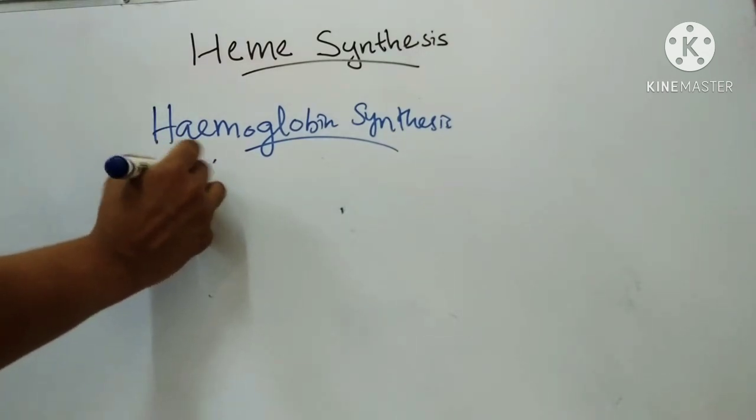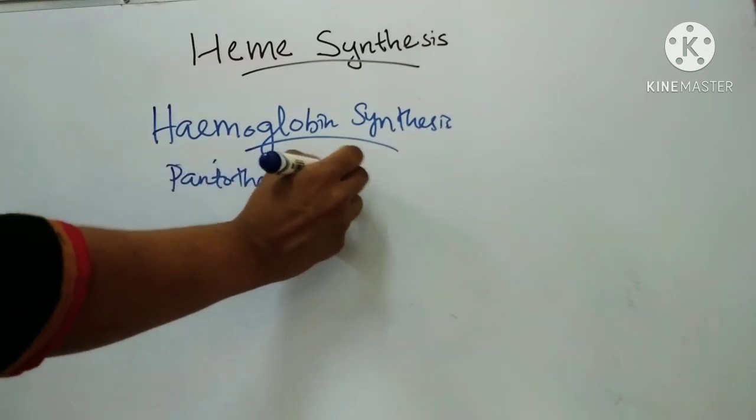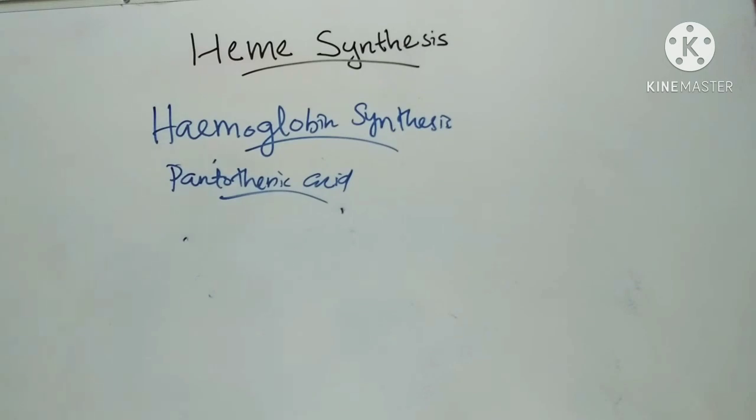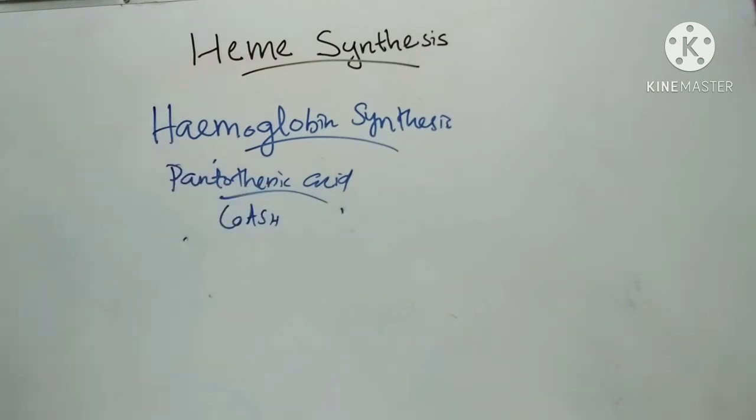That is pantothenic acid. This pantothenic acid is necessary for the synthesis of CoA-SH, which is required for the substrate succinyl-CoA.